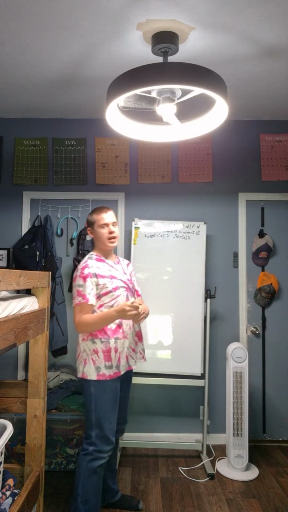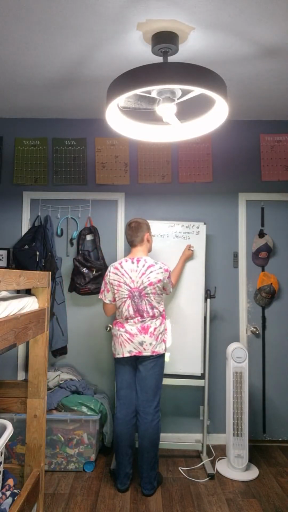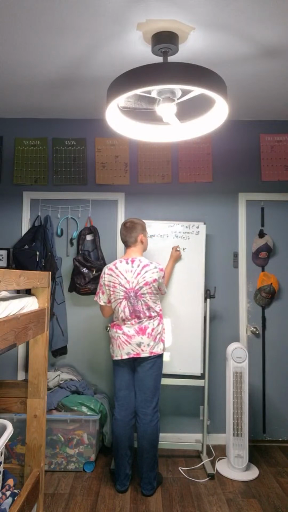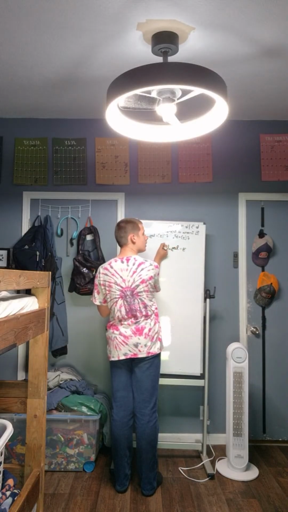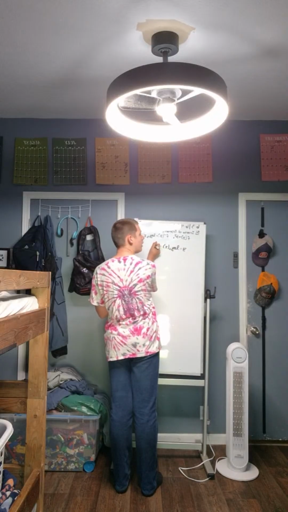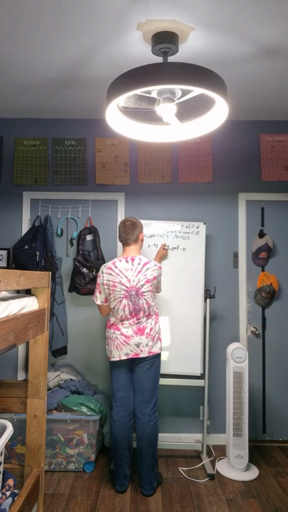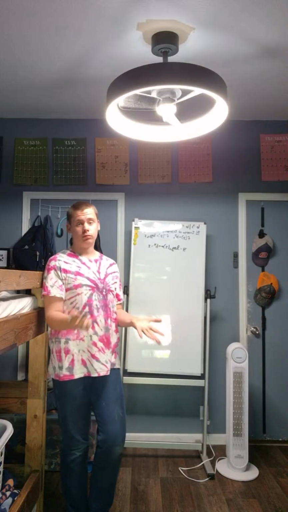So, here is the formula. y is equal to log base b of x, which is equal to b to the power of y equals x. Does that make sense to you all?